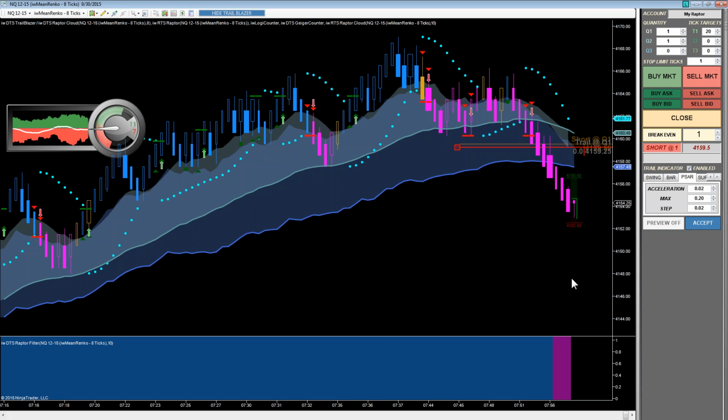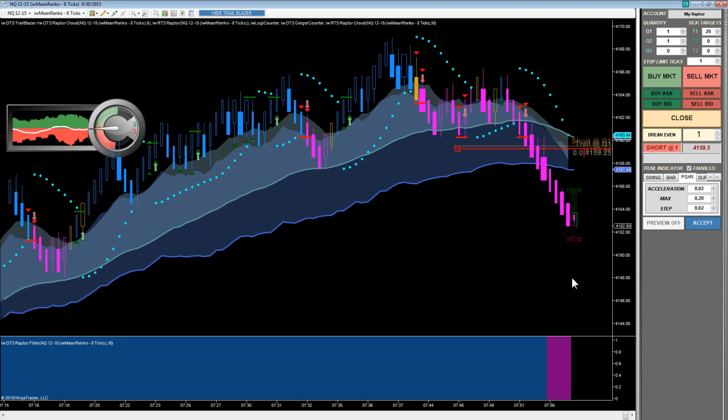So it's a pretty good system, especially if you're looking at scalping, putting on buy and sell market orders instead of using a stop order. It's very helpful that way also.